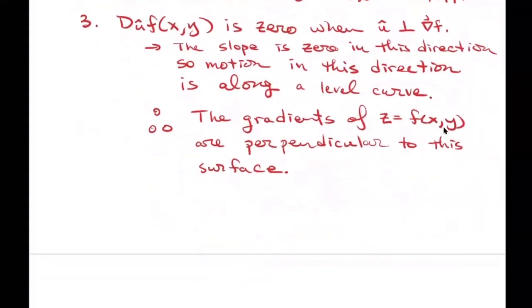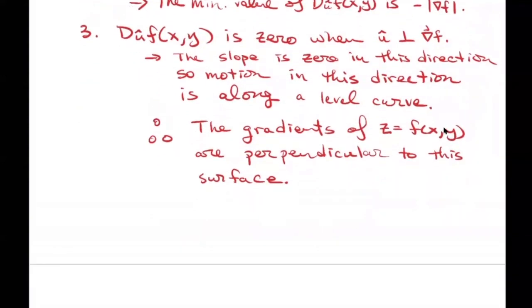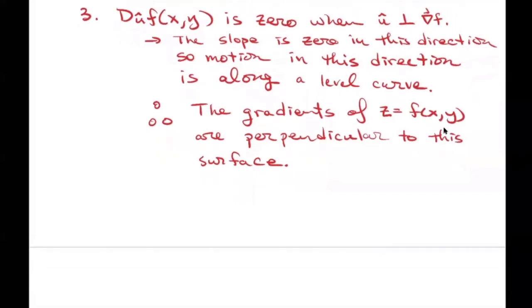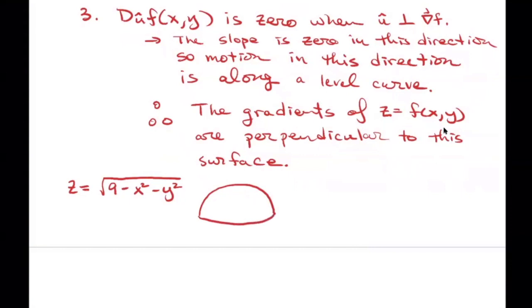Okay, so when we had z equals the square root of 9 minus x squared minus y squared, that's a hemisphere, as you remember. Like this. Now the gradient vectors will be two-dimensional, so they live in the xy plane.